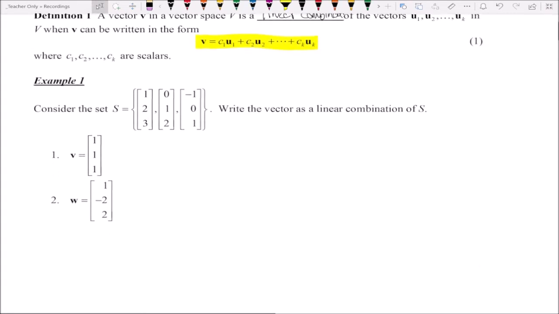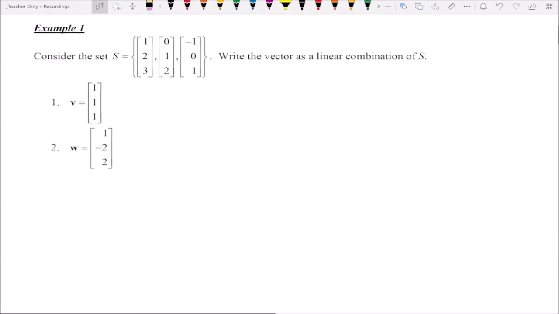So we're going to consider this set of three vectors in R3. We're given two vectors, v and w, and we want to write each one as a linear combination of the vectors in S. So we will call these vectors u1, u2, and u3 respectively.